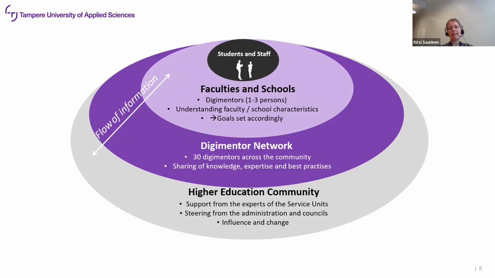It shows clearly that the Digimento network is inside the higher education community, this Tampere University community. So it's inside there, and it also affects faculties and schools. So the flow of information goes in many directions. And I'll concentrate on the dark purple area next.